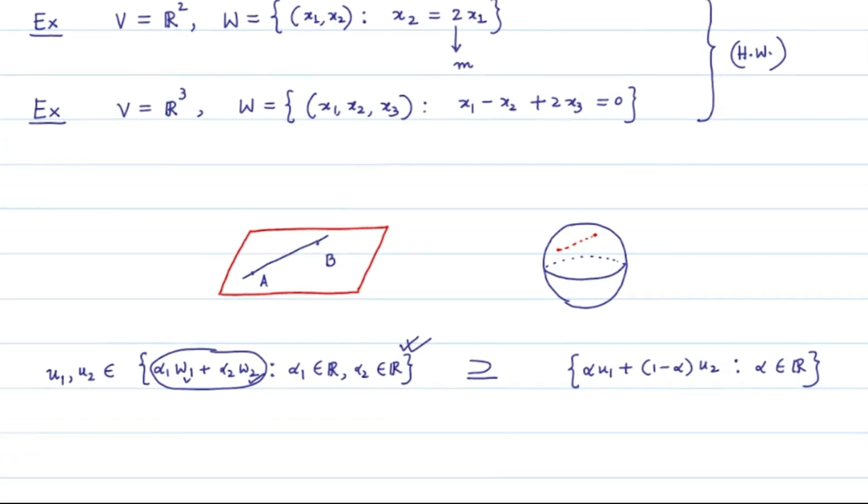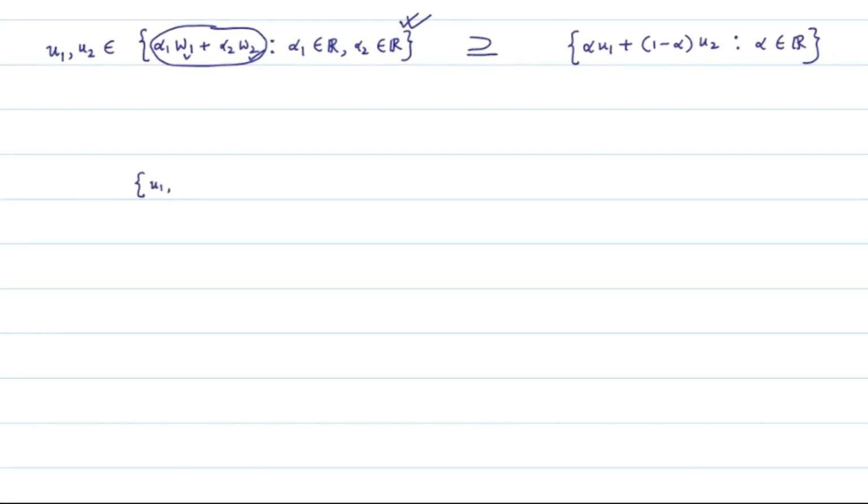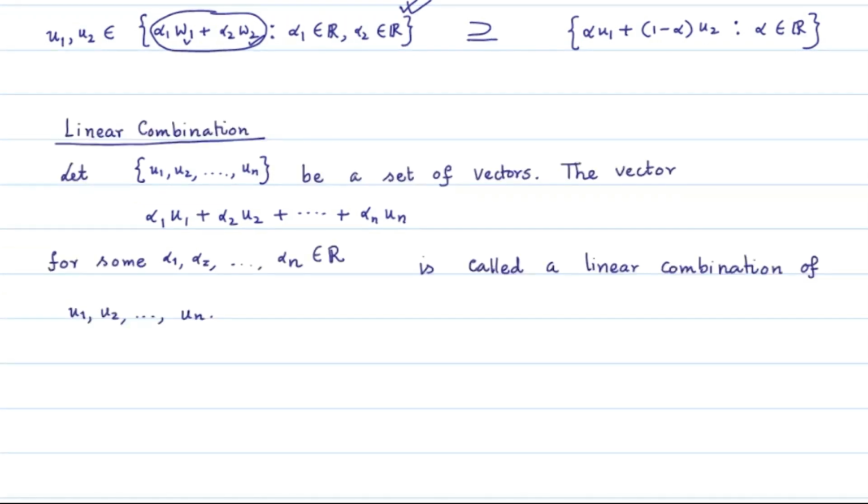In general, for a set of n vectors u1, u2 till un, a linear combination of them is the expression alpha 1 u1 plus alpha 2 u2 plus so on till alpha n un for some scalars alpha 1, alpha 2, till alpha n. Next, we shall describe the notion of linear dependence and linear independence of a set of vectors.